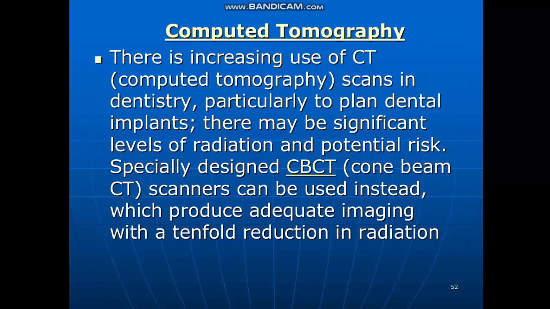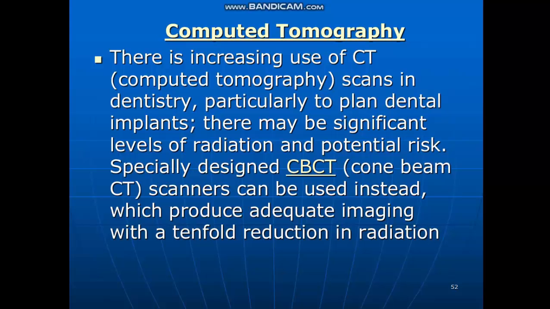The next method is computer tomography, CAT scan. You know that with the help of a CAT scan we can receive images of different layers, because of this we name it tomography. There is increasing use of computer tomography in dentistry, particularly to plan dental implants.